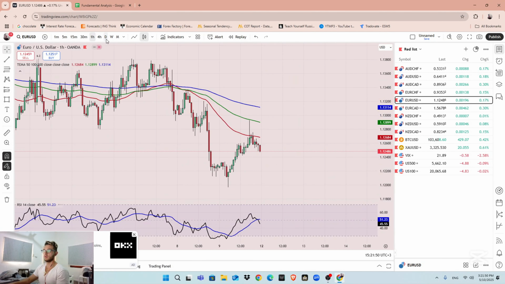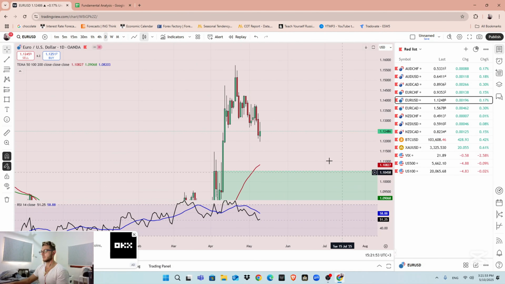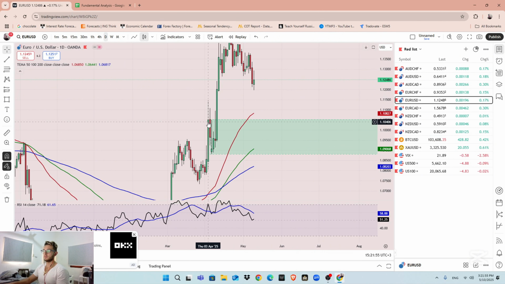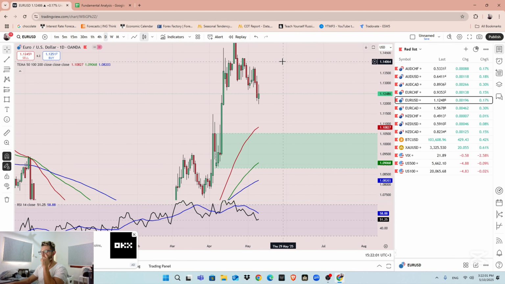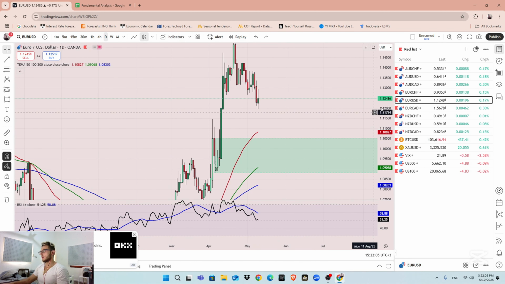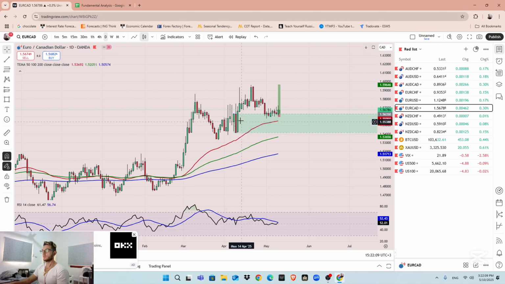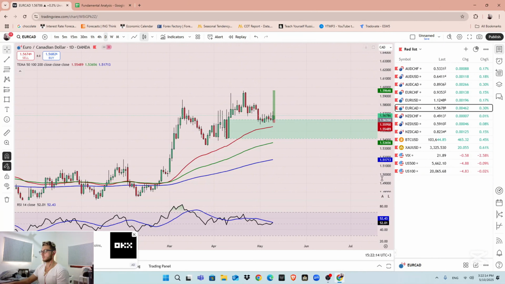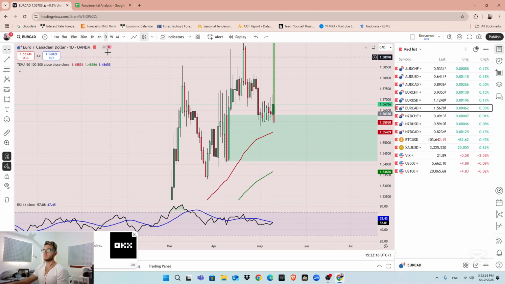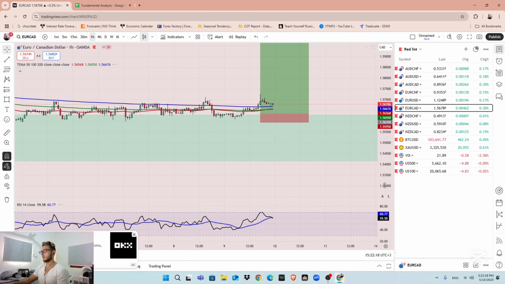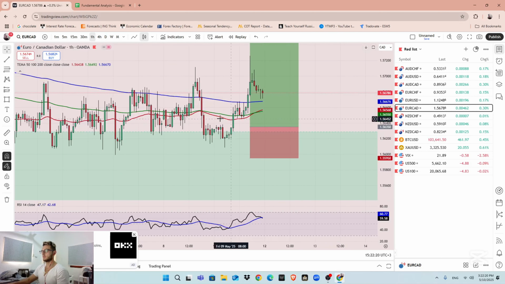Let's jump now into the EURUSD pair. EURUSD, I'm looking for a slightly deeper retracement to take a long position. For now, I'm not touching this pair. EURCAD, we are in a good zone below the moving average on RSI, so it's a good opportunity to enter the EURCAD pair.